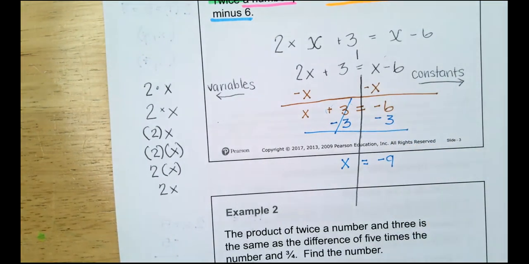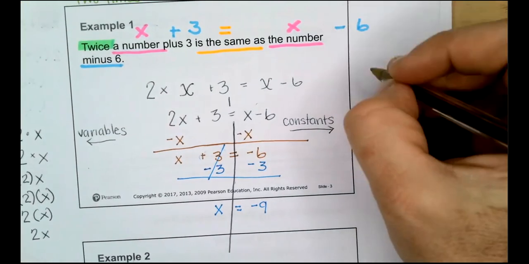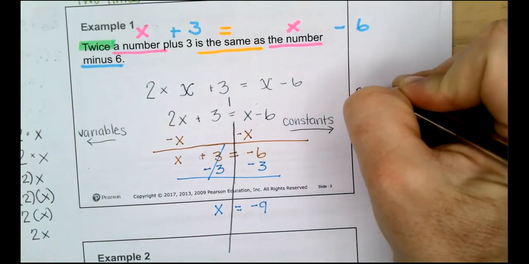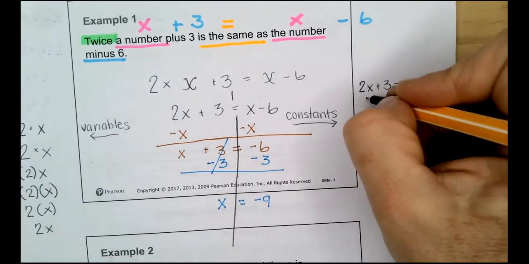So check your answer next. Okay, so put that -9 back into the 2x plus 3 equals x minus 6. 2x plus 3 equals x minus 6, but x is now -9.